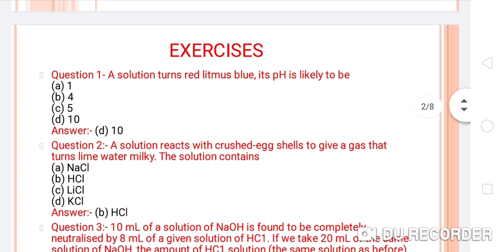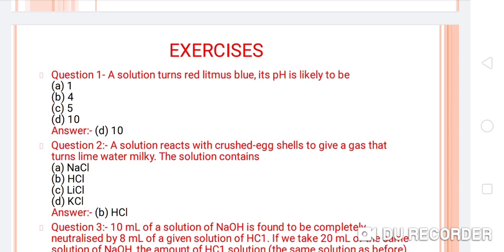Question number 1. A solution turns red litmus blue, its pH is likely to be. As we know, there are two colors of litmus paper, blue litmus paper and red litmus paper.